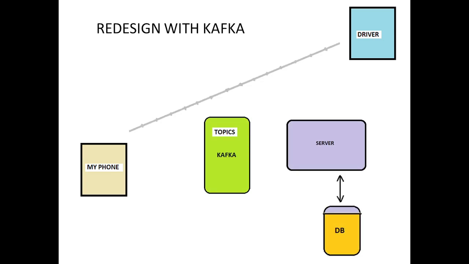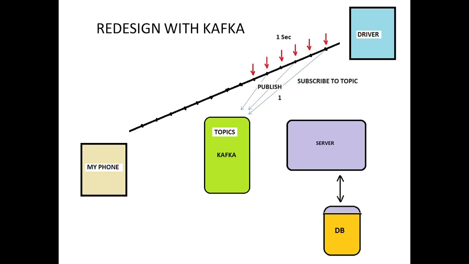Now let's say the driver started from his location to my location, and for each 1 second we are trying to track it. So for every 1 second, the location will be published to Kafka. The location is nothing but a particular topic which is subscribed to. Now Kafka will send that information to my phone.